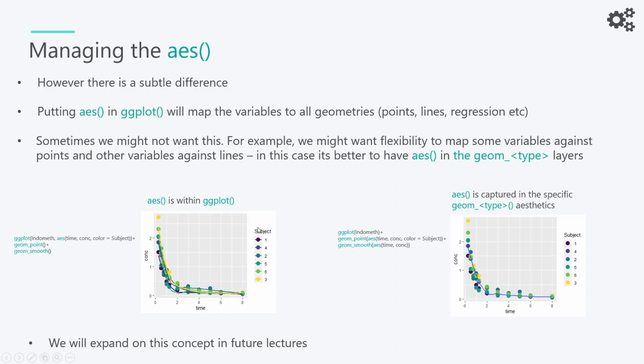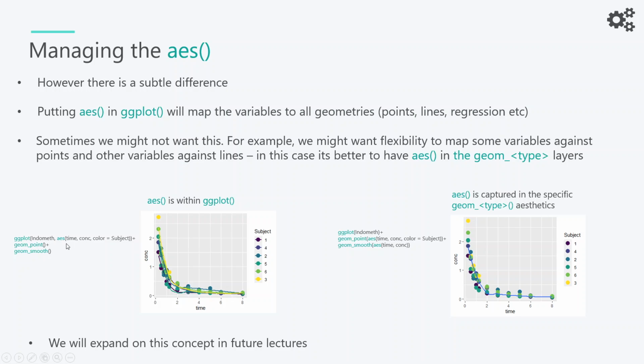So for example, we might have this variable subject, okay, and in our aes we would have three variables essentially. We would put time as the x-axis, we would put concentration as the y-axis, and then we would have this additional variable subject also inside the aes. And what I'm actually doing here, I'm telling R to color code this third variable on the graph rather than create an extra axis. I don't want a three-dimensional plot. I want to keep it two-dimensional, but use the color coding to add this third variable in my aes.